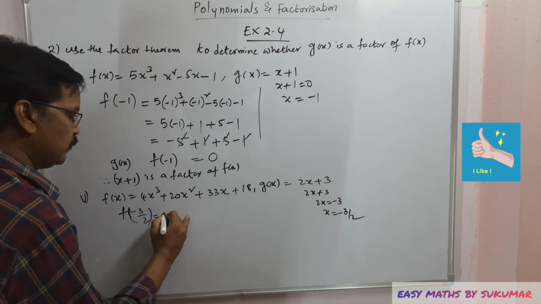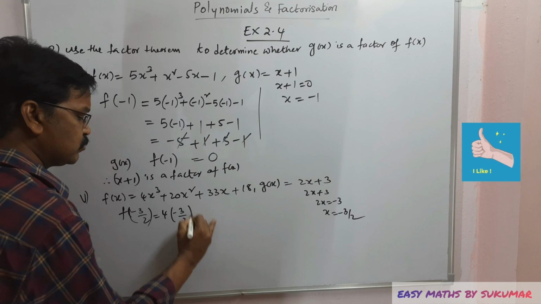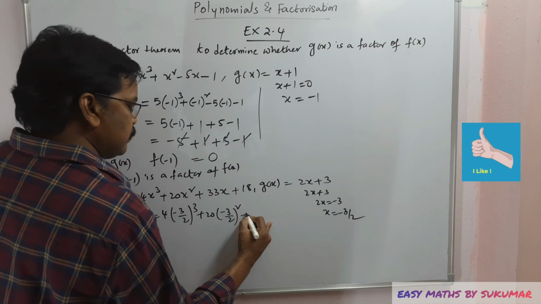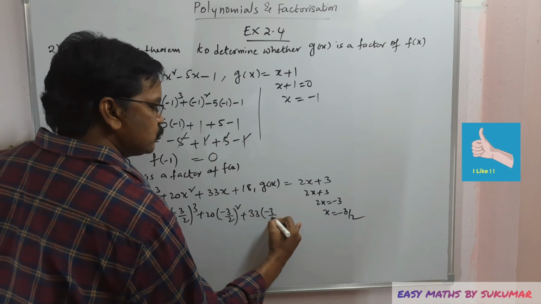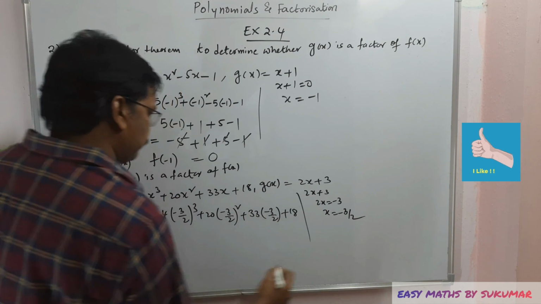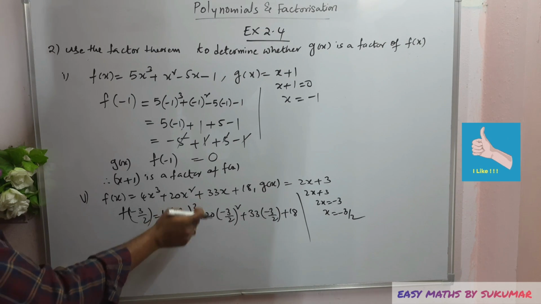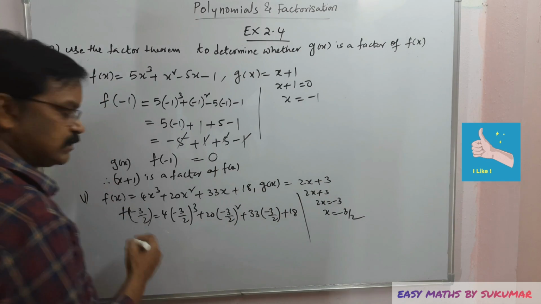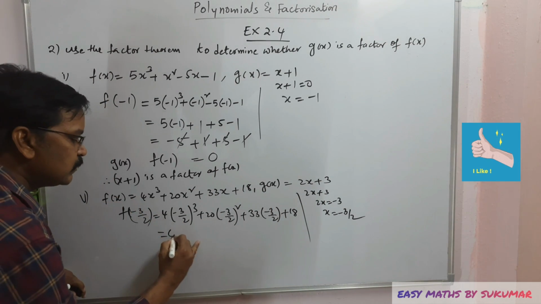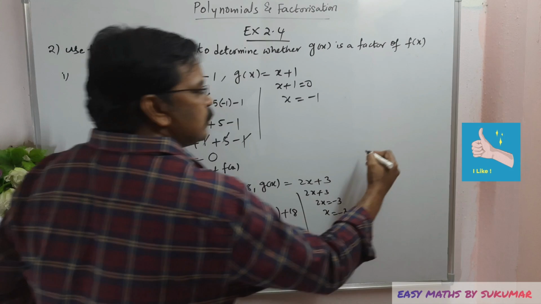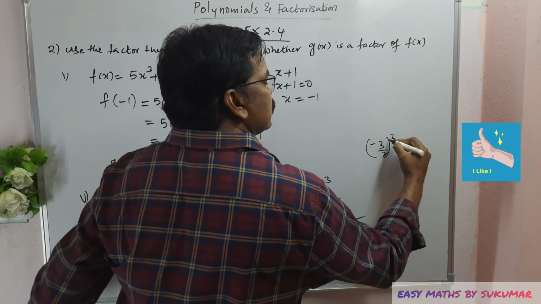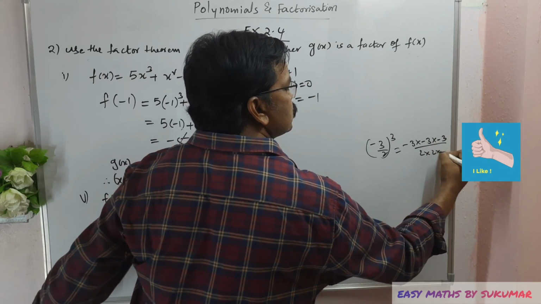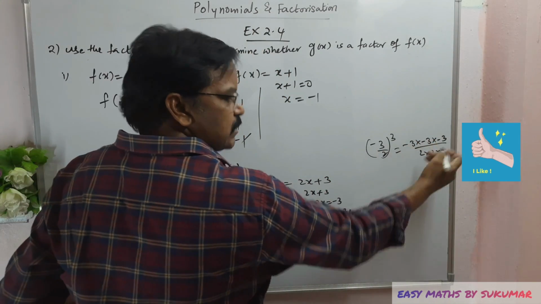Let us verify now. 4 times minus 3 by 2 whole cube plus 20 times minus 3 by 2 whole square plus 33 times minus 3 by 2 plus 18. So 4 times minus 3 by 2 whole cube means, my dear students, minus 3 into minus 3 into minus 3 by 2 into 2 into 2. 3 3s are 9, 9 3s are 27.